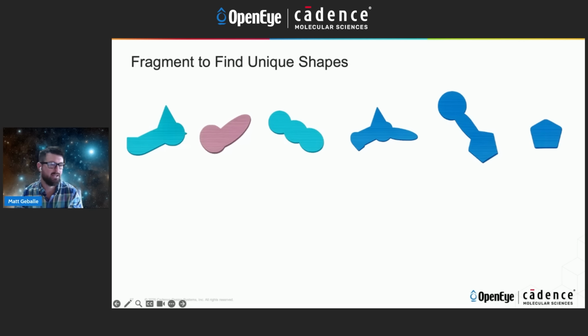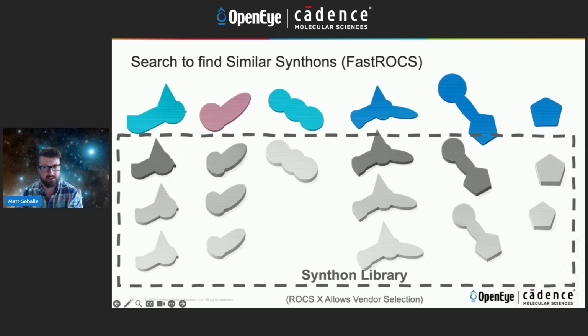bandit system. But the next thing that we want to do is find what synthons we have that are similar to these shapes. So we take these shapes and we search them against our synthon library, and for each shape, we come up with a list of synthons that are similar.